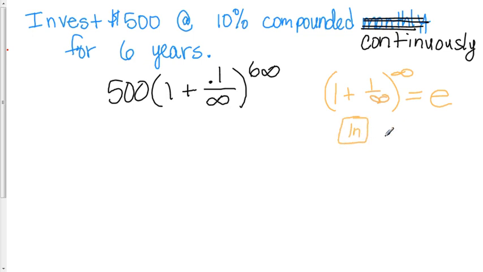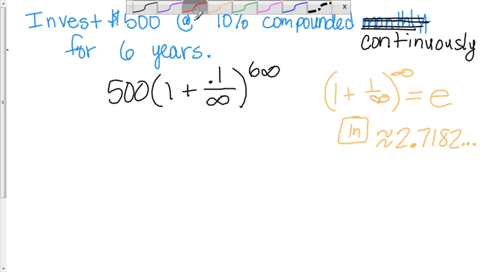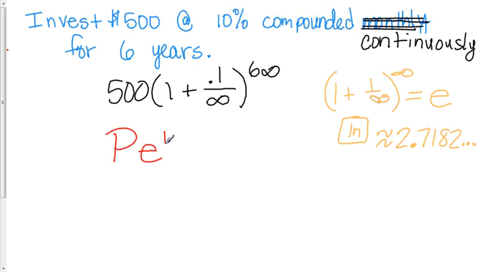And e is approximately equal to 2.7182 and a bunch of other stuff. It goes on forever. And so to change this formula, it would become this: P e to the rt.